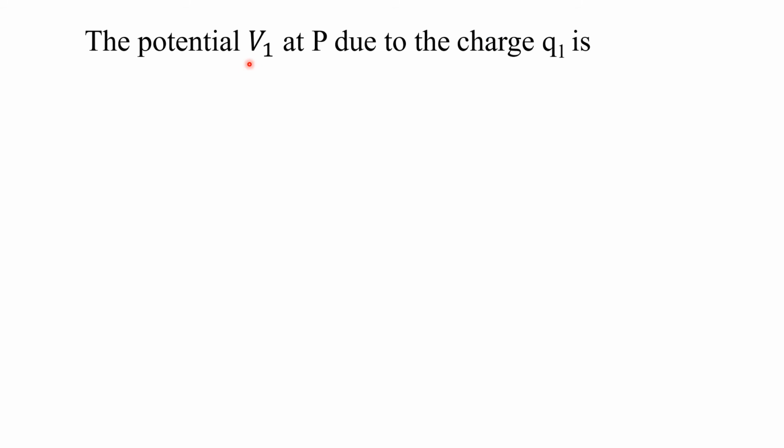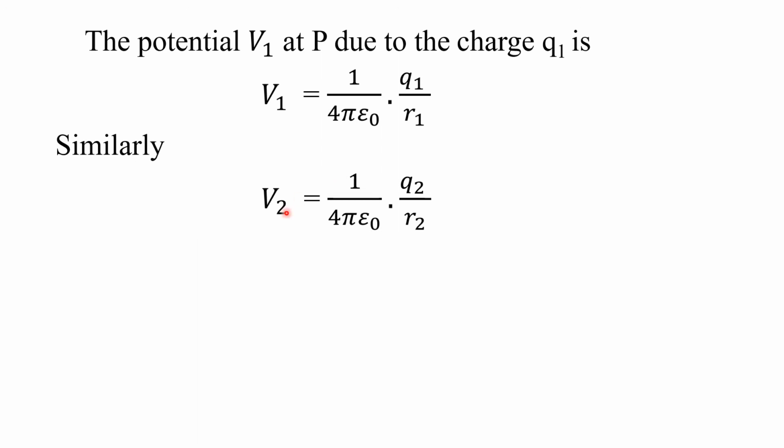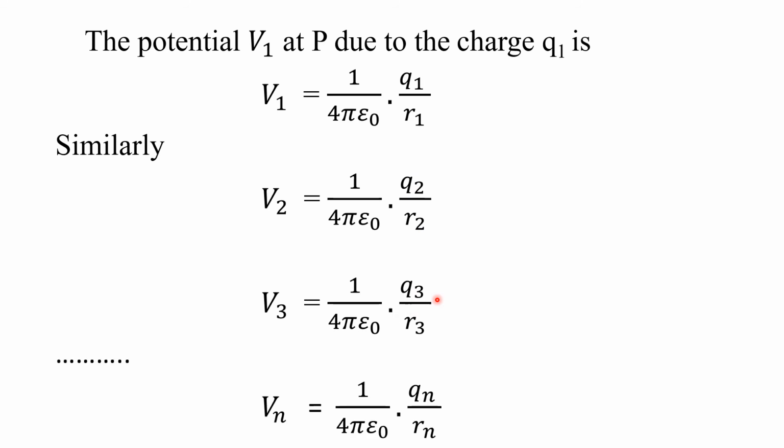The electric potential V1 at a point P due to Q1 is given by V1 is equal to 1 upon 4 pi epsilon 0 Q1 upon R1. Similarly, V2 is equal to 1 upon 4 pi epsilon 0 Q2 upon R2. So on V3 and Vn. So Vn is equal to 1 upon 4 pi epsilon 0 into Qn upon Rn.